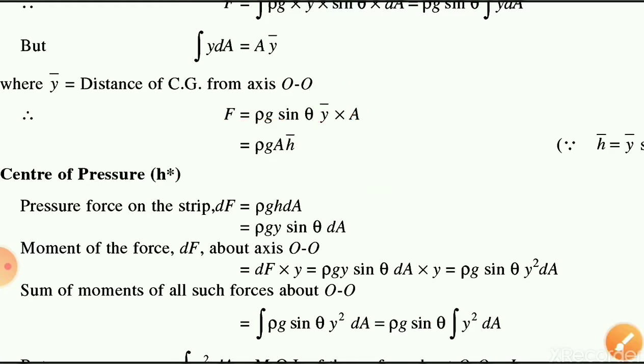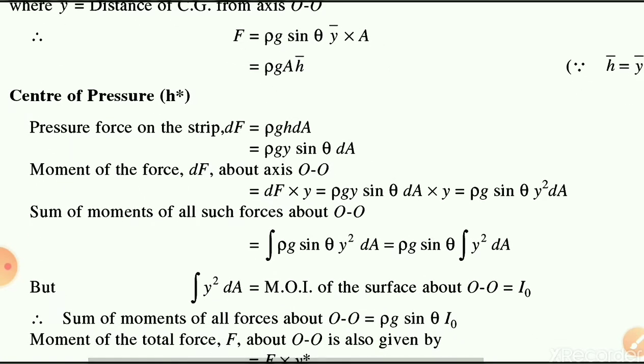By this equation we can compare that the total pressure acting on a vertical surface as well as the inclined surface is the same in magnitude, because in the case of the vertical surface also we found the expression as ρ g h̄. Now, how to find the center of pressure h*?